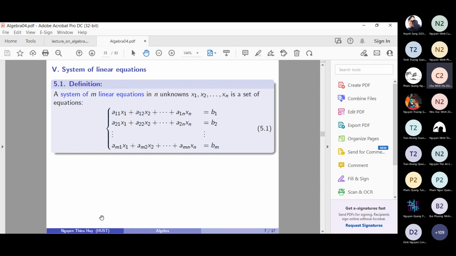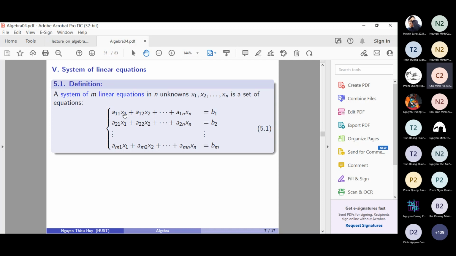And now we go to the general model: the general form of a system of m linear equations in n unknowns x1, x2, and so on up to xn. So this system is simply a set of equations that hold at the same time. So we use the brace here to indicate that these equations are satisfied at the same time.